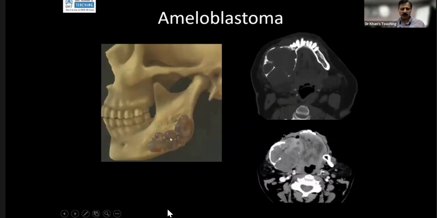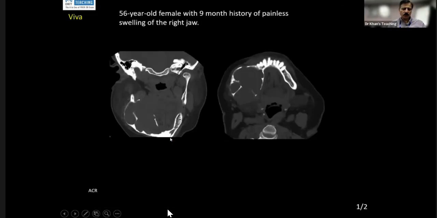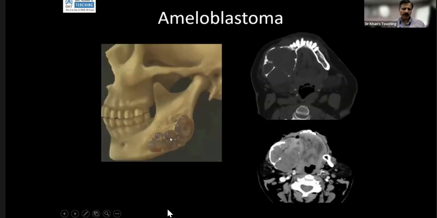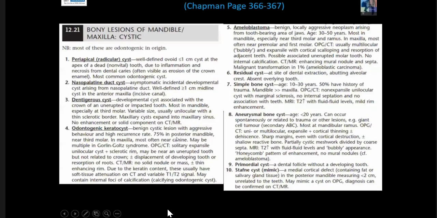So this is ameloblastoma. But of course, in the real world, you will have to give a bit of a differential diagnosis. Other than ameloblastoma, what can it be? Odontogenic keratocyst. Yeah, odontogenic keratocyst. So no solid nodule or mass.